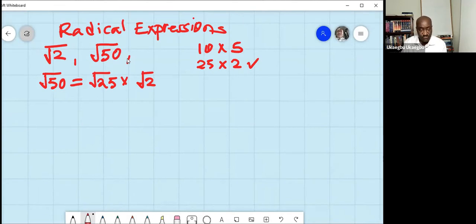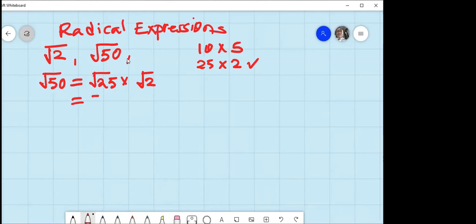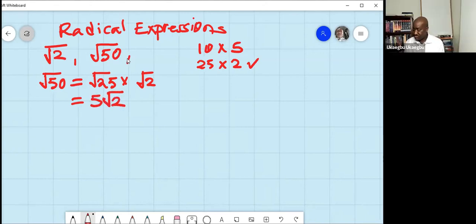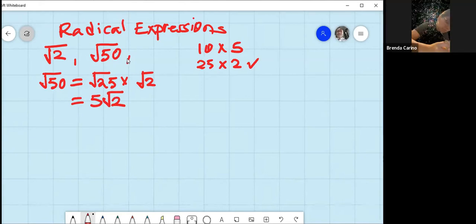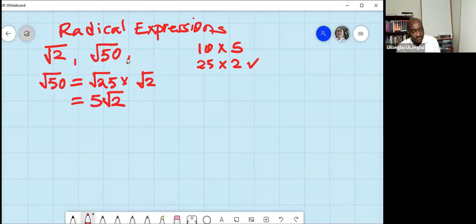Yes, it is times. So what is square root of 25? 5. So we have 5 square root of 2. We just simplified the square root of 50 to 5 times square root of 2.